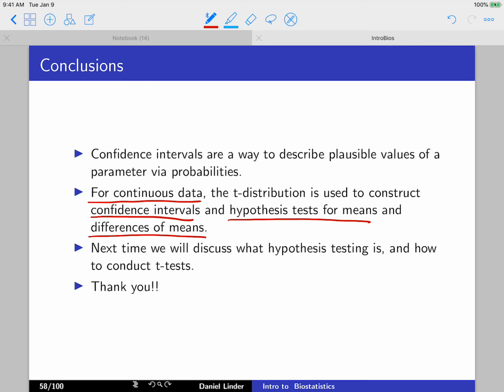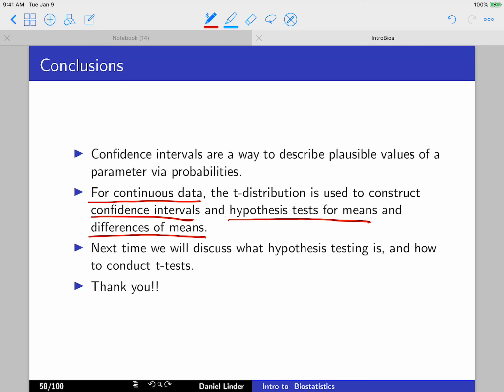You would be doing these so-called non-parametric tests. But for now we're going to focus on using the t-distribution and going with the underlying assumption that our population is normal when we do confidence intervals and hypothesis testing in the next few lectures.